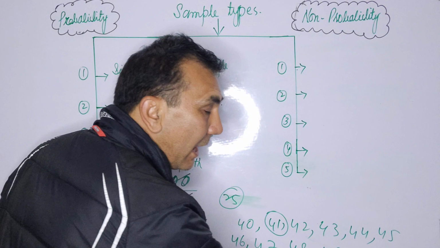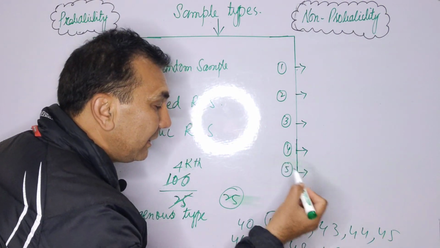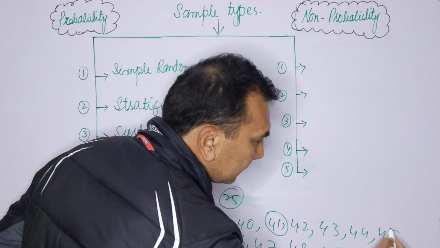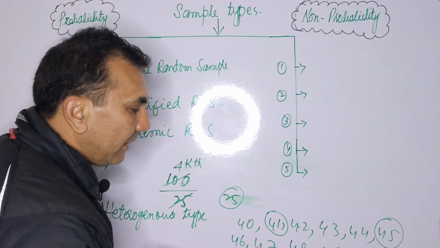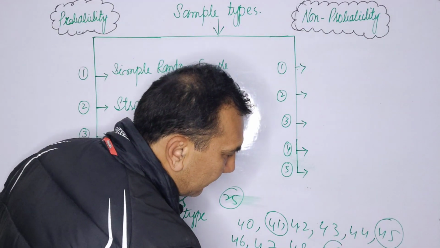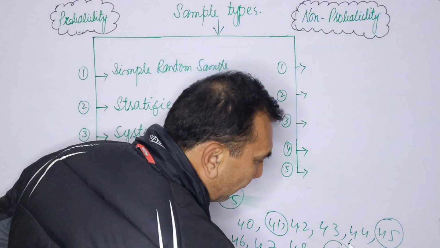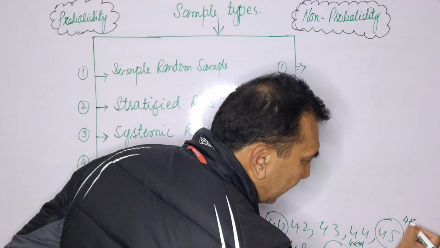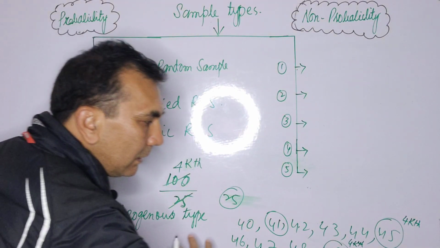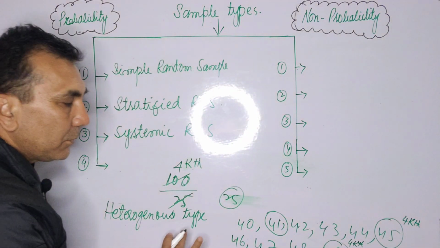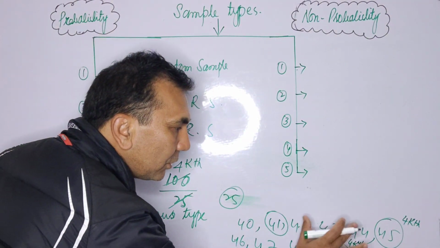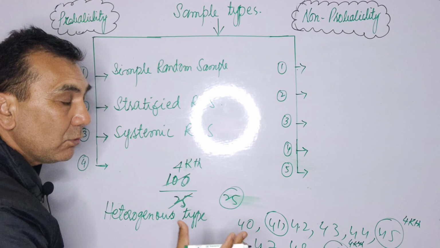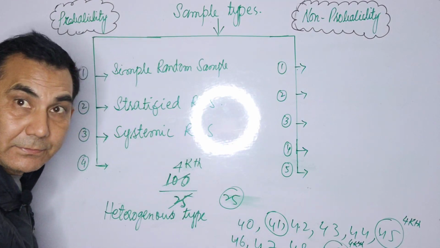Now you go to the right side and take every fourth, the kth: 1, 2, 3, 4. Now 45, you select 45. Again 1, 2, 3, 4. Now 49 is the next fourth. You continue this procedure, selecting every fourth student among the 100, until your 25 sample size is completed.